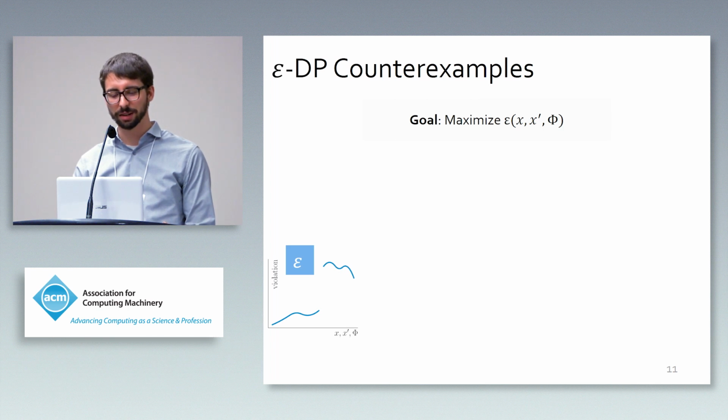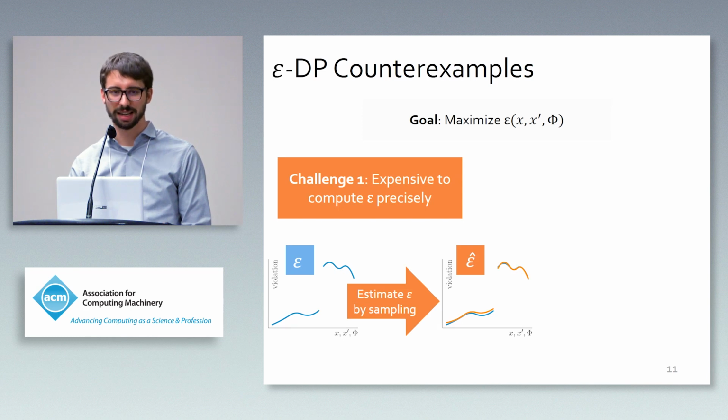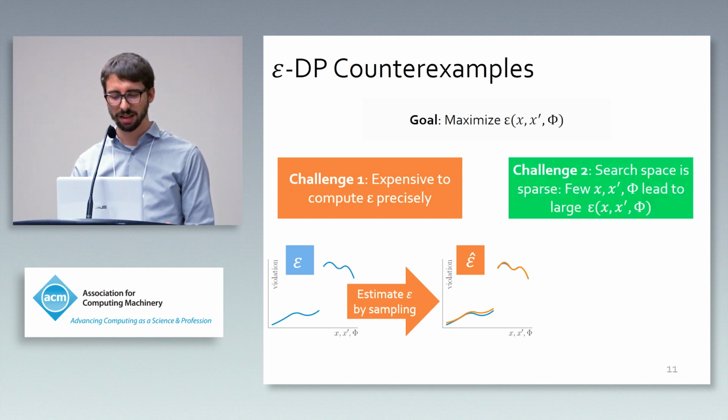First of all, it's very expensive to compute the epsilon, even if you know x prime and phi. What we do to address this challenge is we replace the epsilon by an estimate. It will not be exactly the original epsilon, but it will be close enough. And we also want to figure out how close it actually is. I will talk a bit about that also. Now, the second challenge is that even after we have this estimate, it is still hard to find good triples.